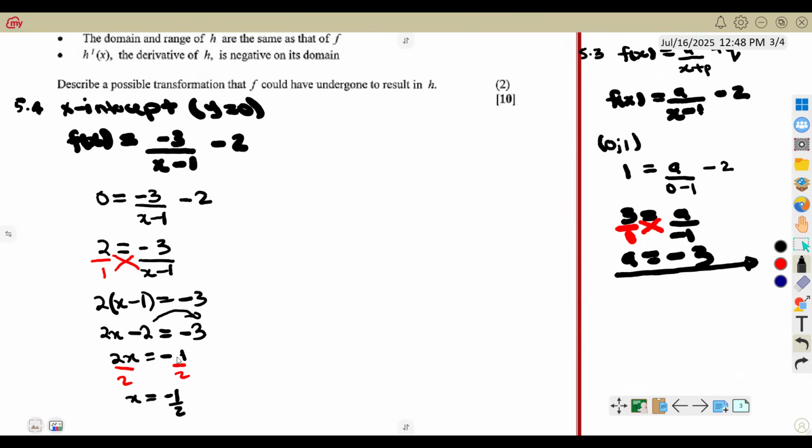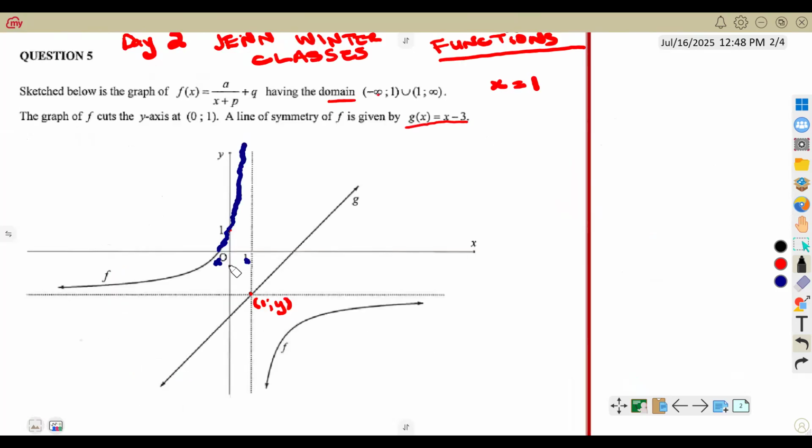So conclusively, the coordinates of the x-intercept are going to be given by (-1/2, 0). So when we go to our graph here, the value of x there is negative 1 over 2.